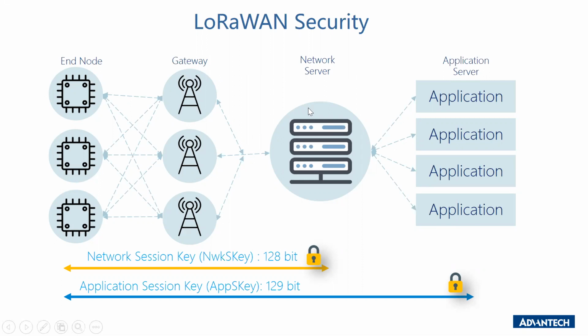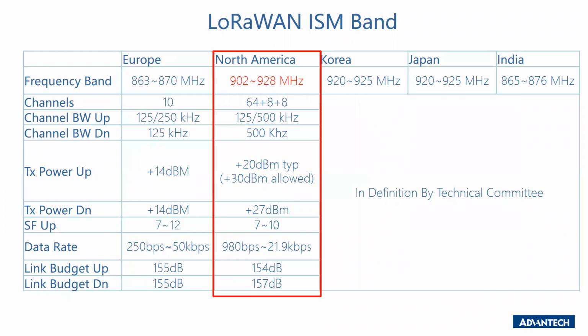So hacking this is really pretty hard. There are different ISM bands for us in North and South America. I should say this is for South America too. This 900 megahertz band is where we're at. If you want to talk about link budgets and things like that, you can look at this. But the point is, long range 900 megahertz.